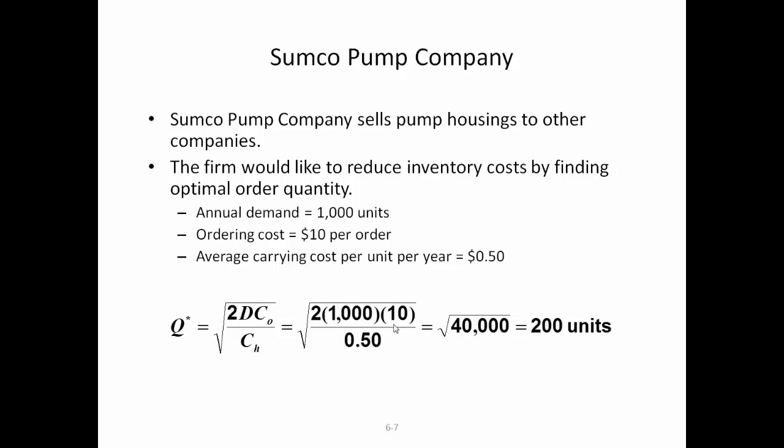So in the practical application that we have here, we have Sumco Pump Company, and we're given the annual demand, the ordering cost, and the average cost for carrying a unit per year, which is 50 cents. And so when we put that in our model, we find out that the optimum order quantity, or the EOQ, is 200 units.